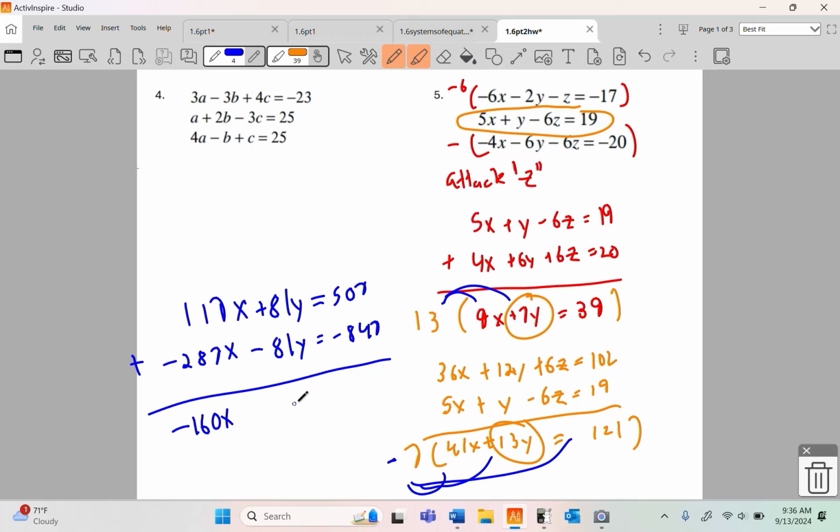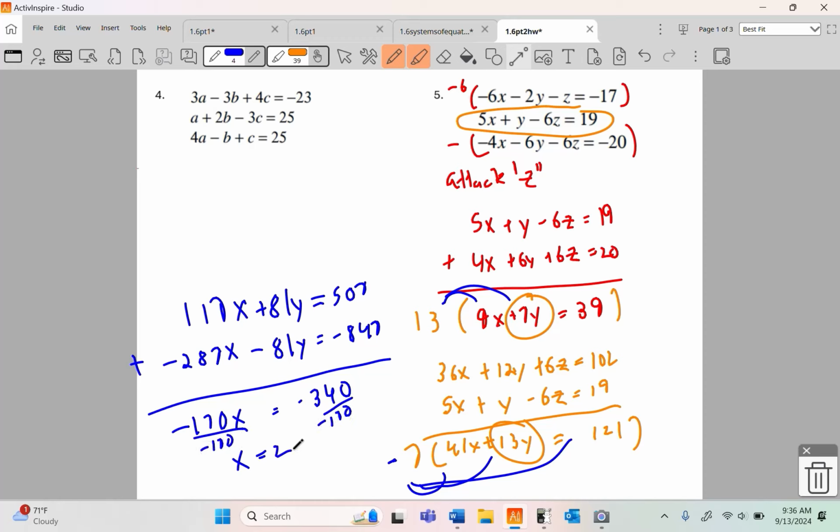There's no y. And that's not looking pretty, is it? And negative 340. All right, divide out my negative 170, and x is 2.